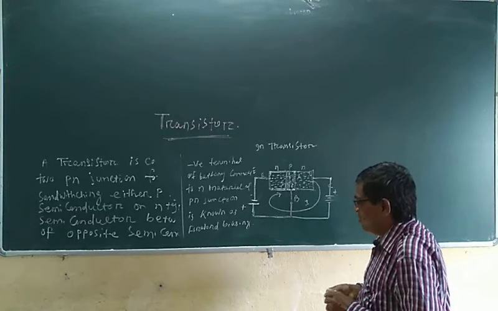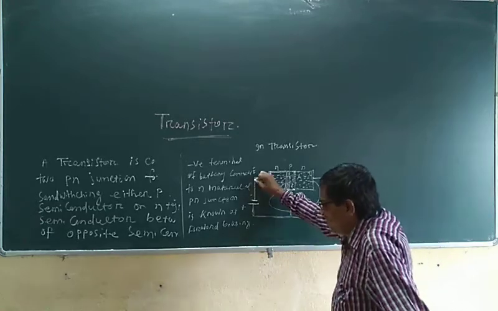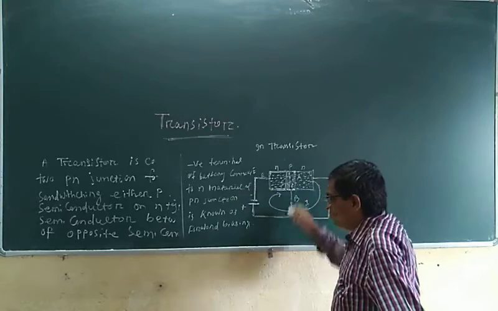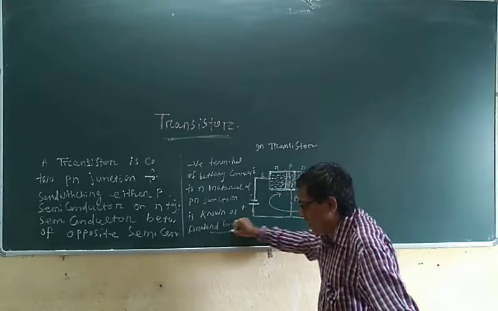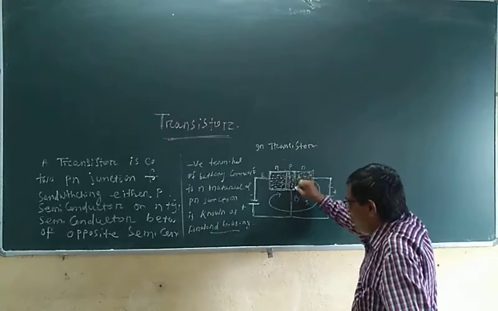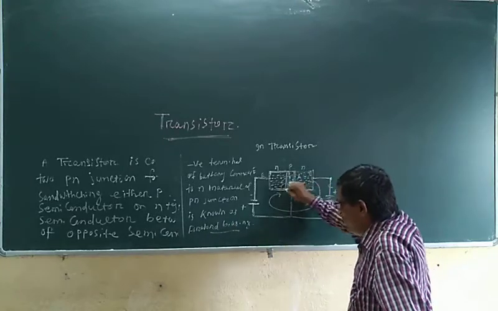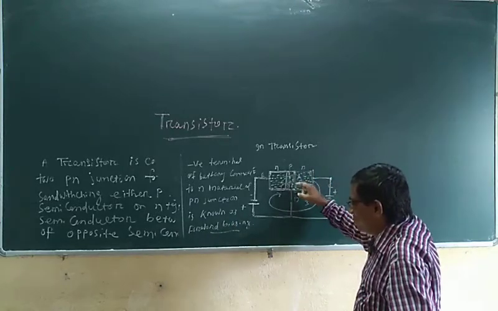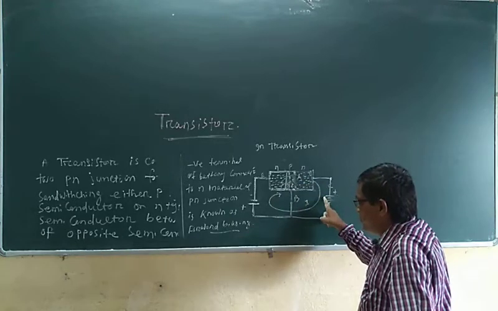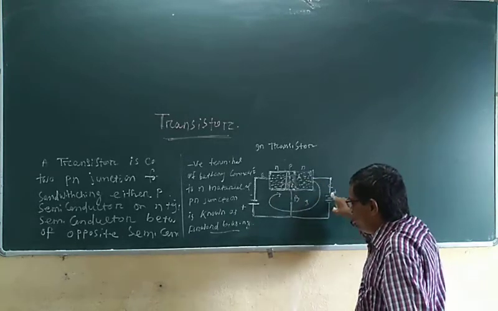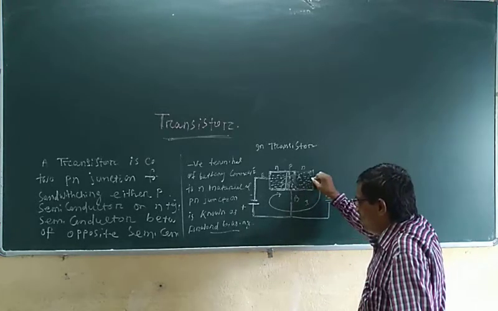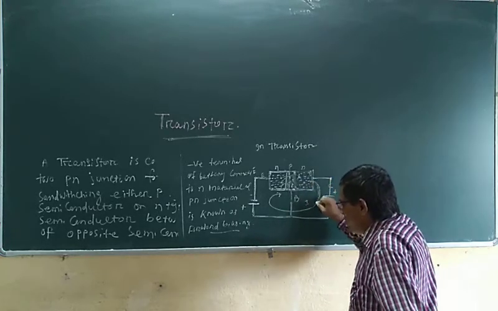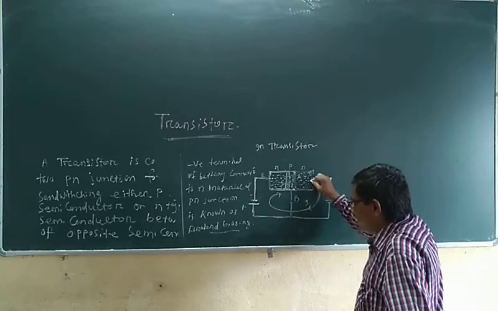So we know one battery or one junction is connected forward biased and the other junction is connected reverse biased, because negative is connected to positive. Now positive and negative are connected to each other, so an attraction will arise.